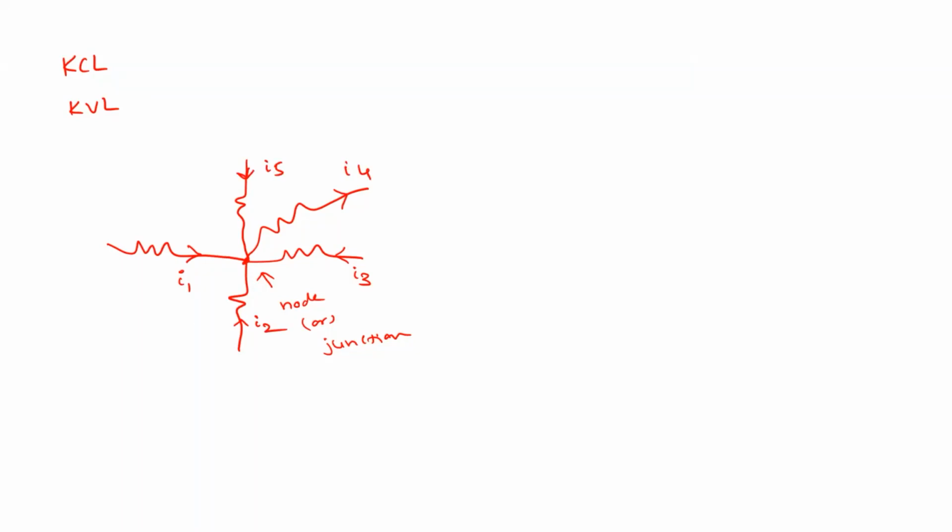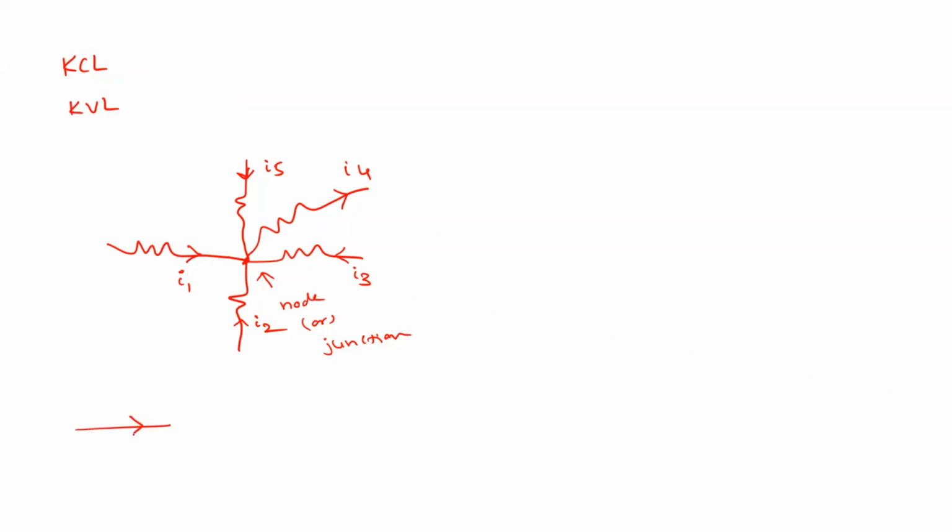KCL states that at a junction, the algebraic sum of the currents in a network is equal to 0. When assigning positive and negative signs to a particular current, we have a standardization. When the current is going into the junction you may consider it positive, and when it is flowing away from the junction you may consider it negative.